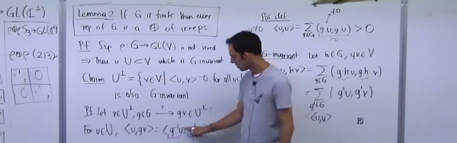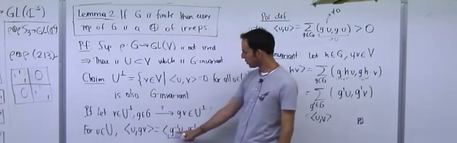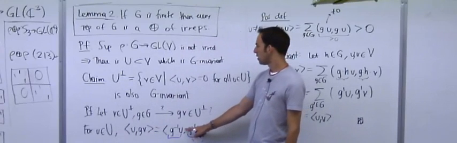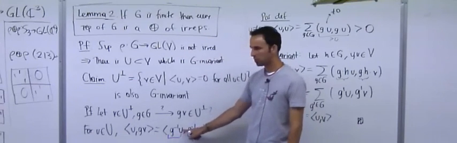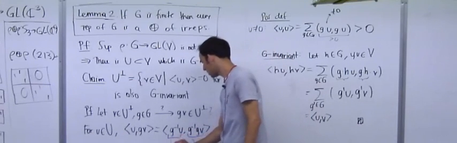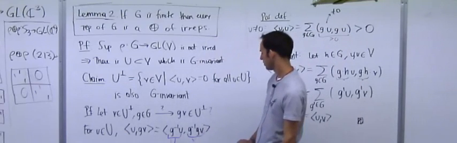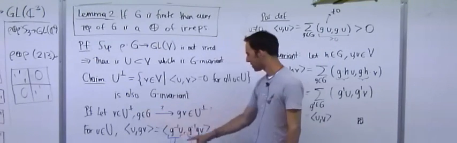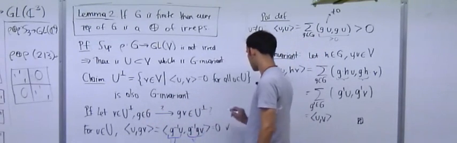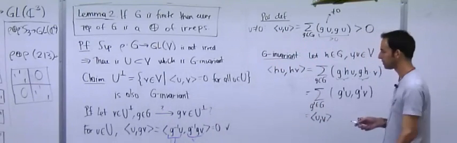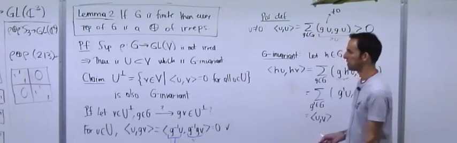Well, U is in big U, and this is some group element acting on it. But we know that U is G invariant, so if a group element acts on an element of U, you're going to get something that is in U. And by assumption, V was in U perp, which means that this is 0. And so that proves this claim that U perp is G invariant.